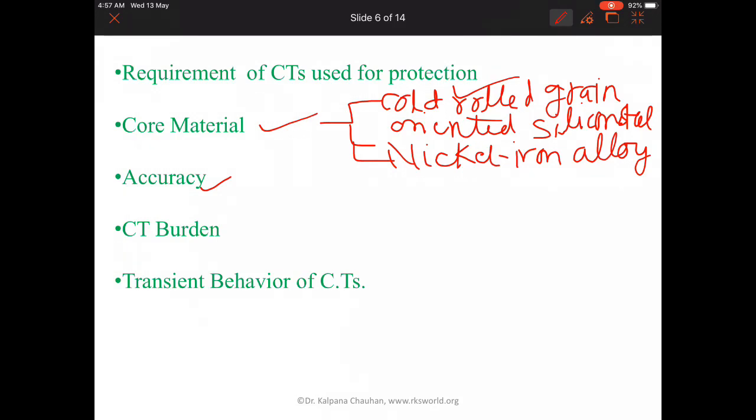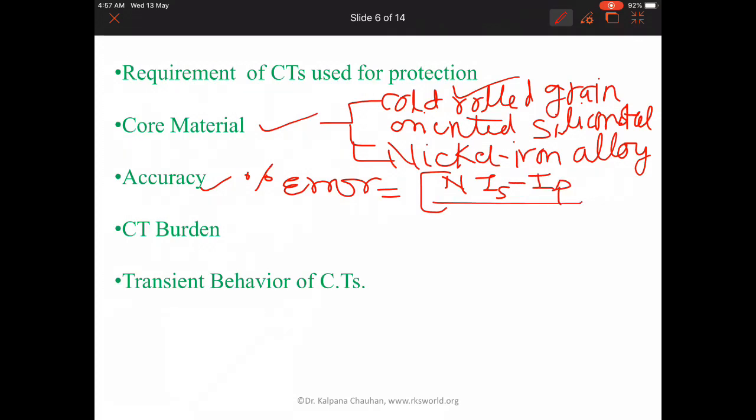This is called the ratio error, and we can represent it as percent error is equal to (K_n Is minus Ip) divided by Ip, where Ip is the primary current, Is is the secondary current, and K_n is the nominal ratio of the rated primary current to the rated secondary current.